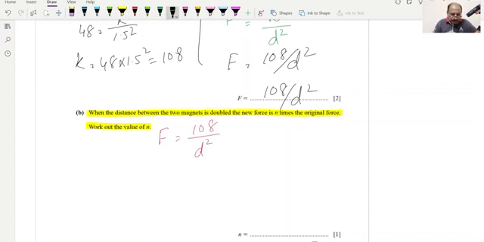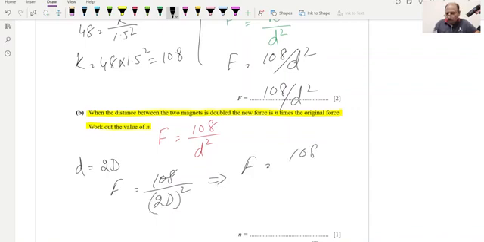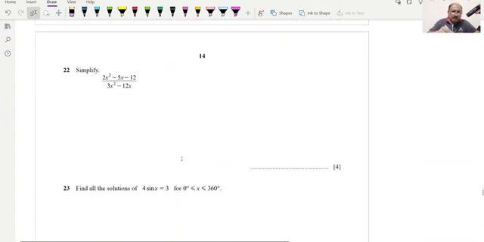Now if we take d as 2d and replace in this equation, F will be equal to 108 over 2d whole squared, and this implies F will be equal to 108 over 4d squared. So it will be 1 over 4 times. If you see, this is 1 over 4 times, so the N value is 1 over 4. Hopefully you understood this.